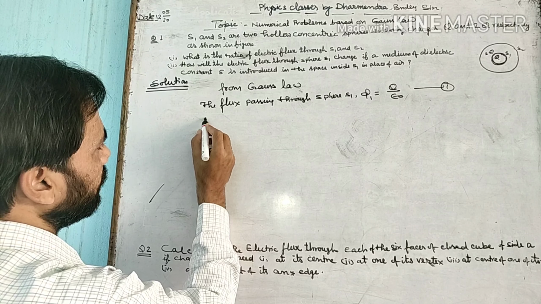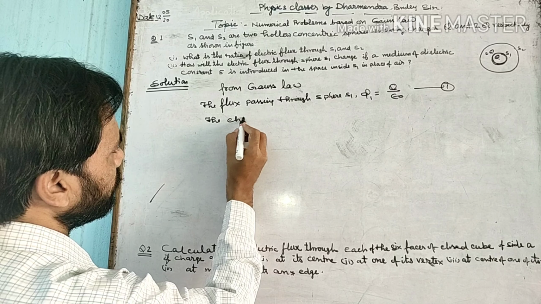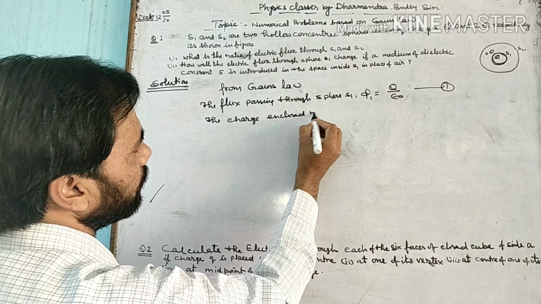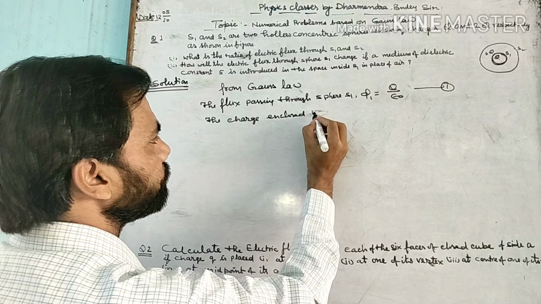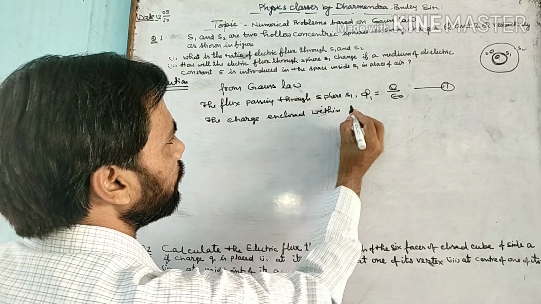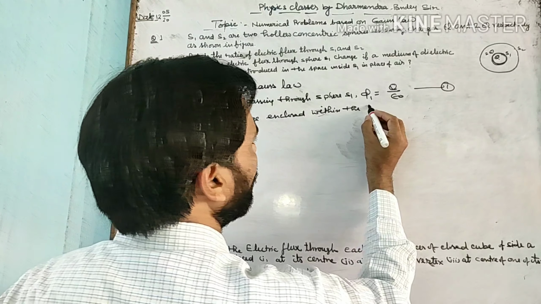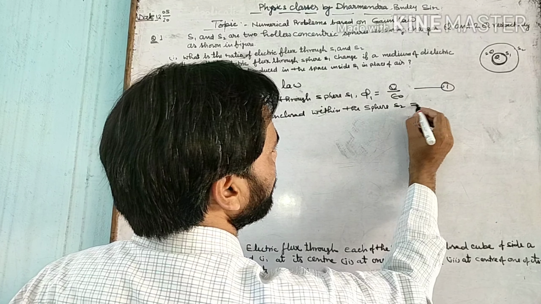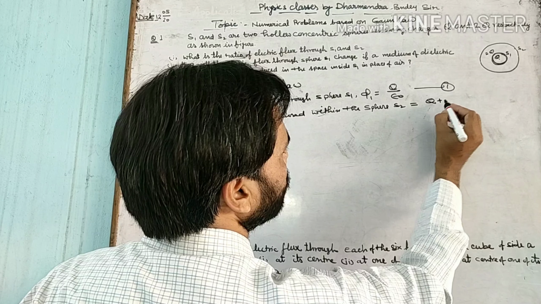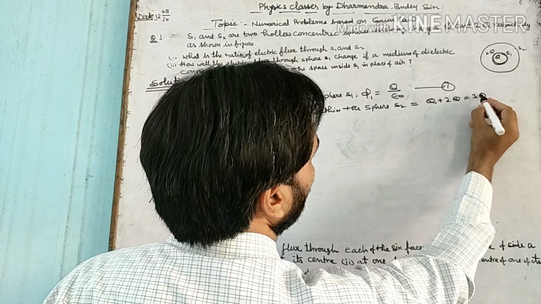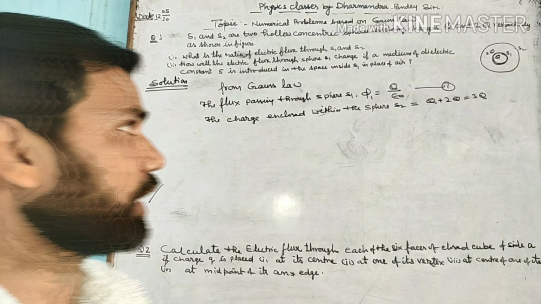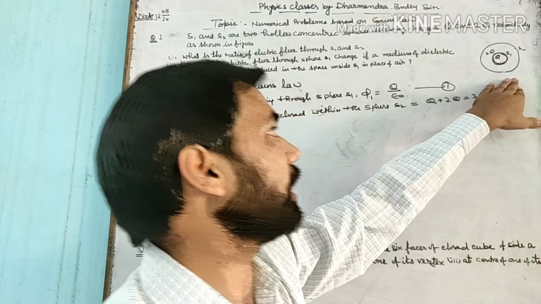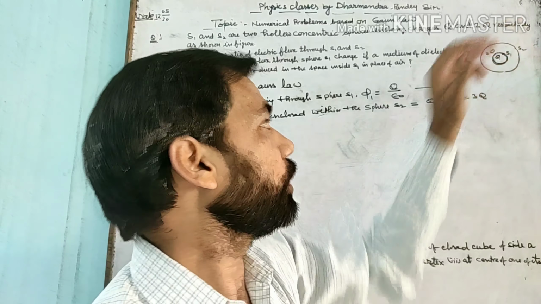Similarly, we can write the charge enclosed within the sphere S2 is capital Q plus 2Q, that is 3Q. Definitely 2Q is outside S1, but it is not only this charge which is enclosed within S2; Q is inside S2 as well.